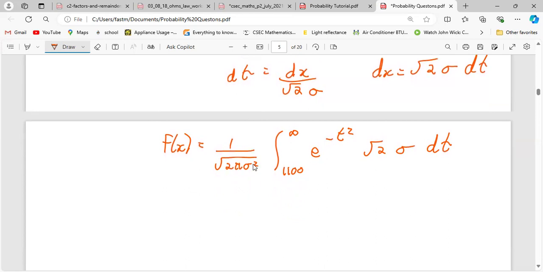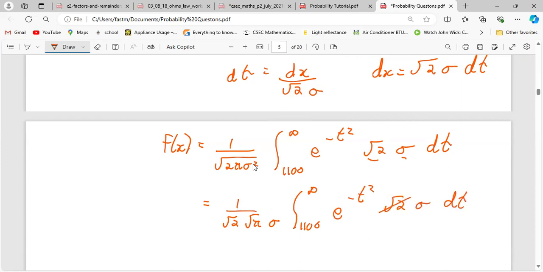All right, so we have this form here now. What we have noticed is that these things could cancel. So you can write this in a different way: square root of 2, then you have square root of pi, and the square root of this will be sigma, then e to the minus t squared, square root of 2 sigma dt.